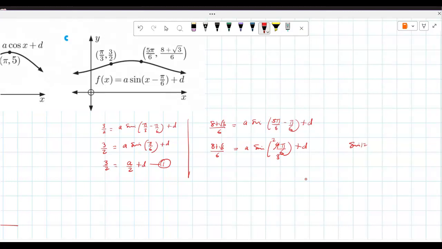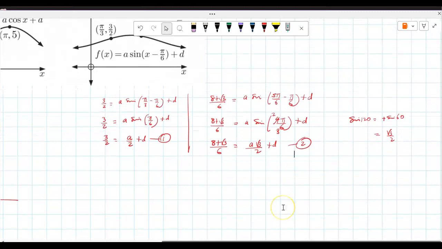So sine of 120 is the same as sine of 60, because 180 minus 120 is 60, it will be in the second quadrant. So sine 60 is root 3 by 2. So 8 plus root 3 by 6 is equal to A into root 3 by 2 plus D. This is equation 2.